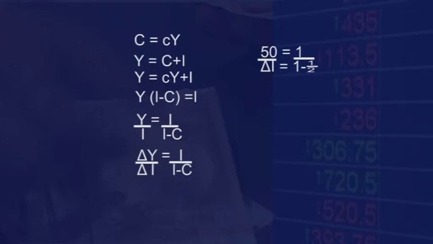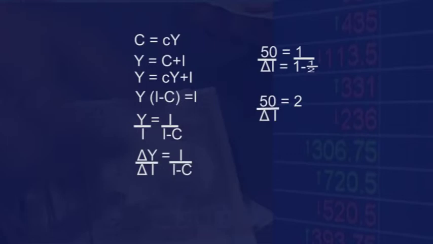Now let's make an assumption that the proportion of any additional income that we choose to spend is a half. Then we can rewrite that 50 over the change in I equals 1 over 1 minus a half, which is 2. This is the multiplier, and the multiplier is determined by this term little c, the extent to which we spend any additional income on domestically produced goods and services.